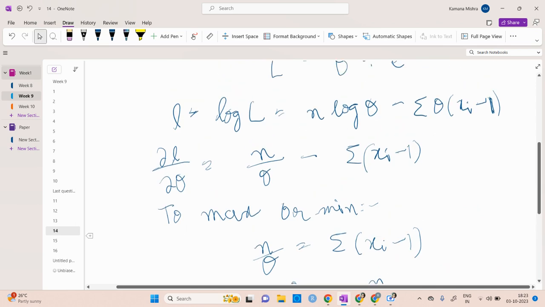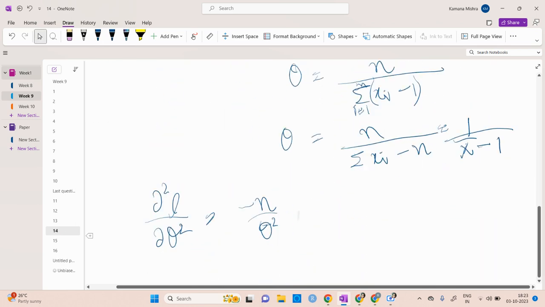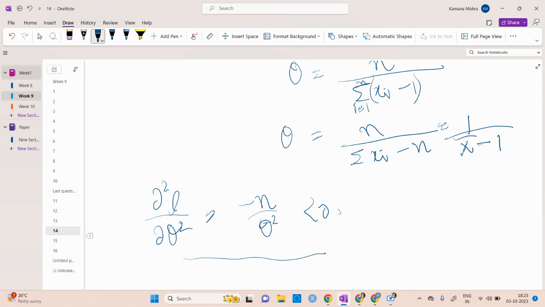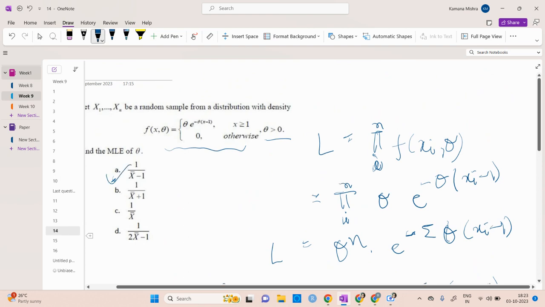Now, theta given here is greater than 0, n is obviously greater than 0, so this will be less than 0. So when the second derivative is less than 0, it maximizes the function at that point. So theta is 1 upon x bar minus 1. So 1 upon x bar minus 1 will be the answer.